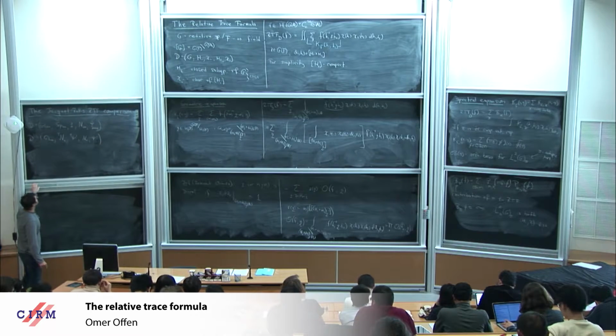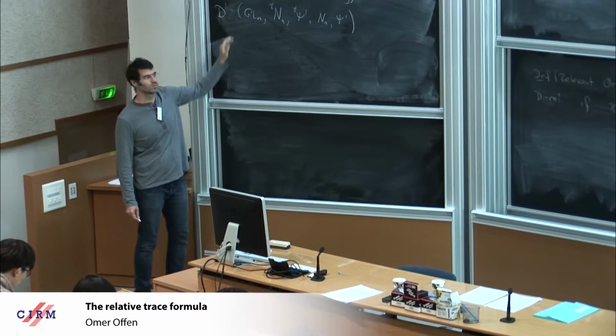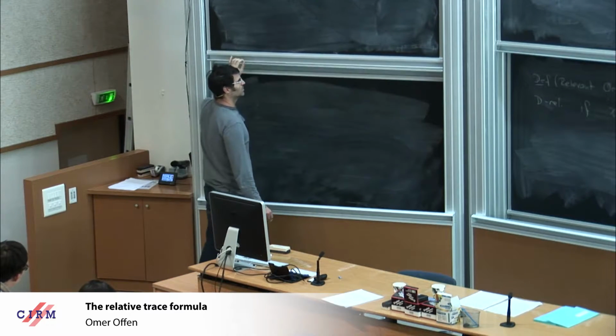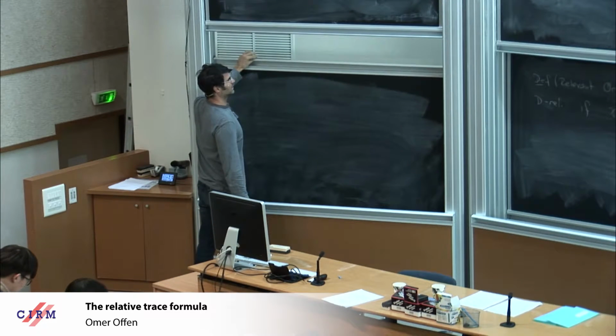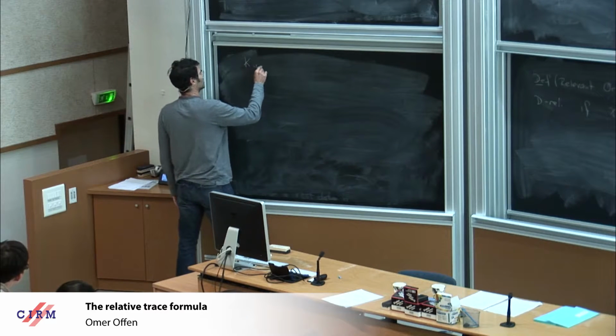Okay, so I'm going to start with the easier side, which is D prime. The relative trace formula in this case is often referred to as the Kuznetsov trace formula.